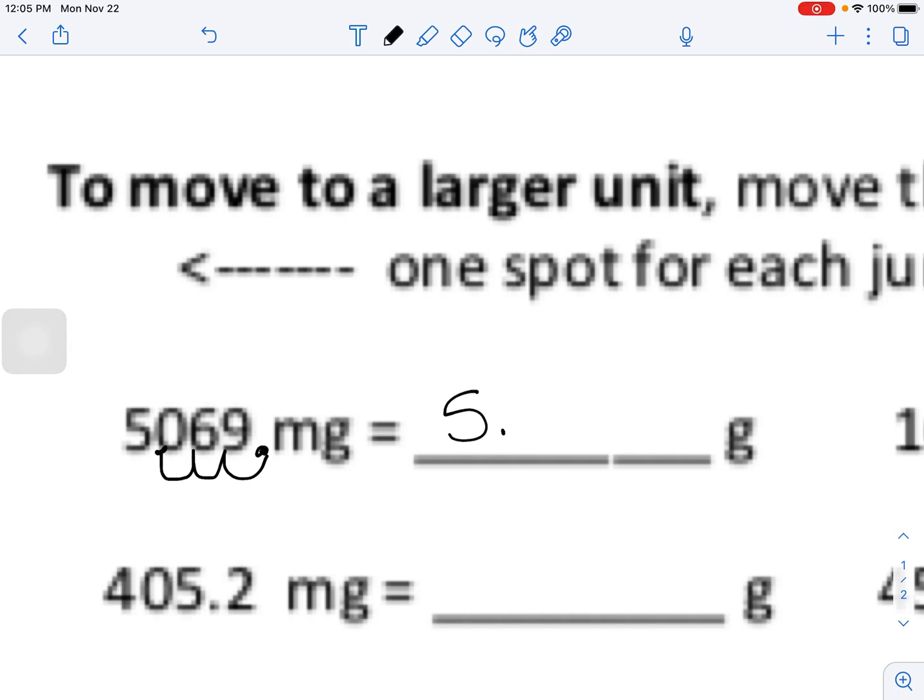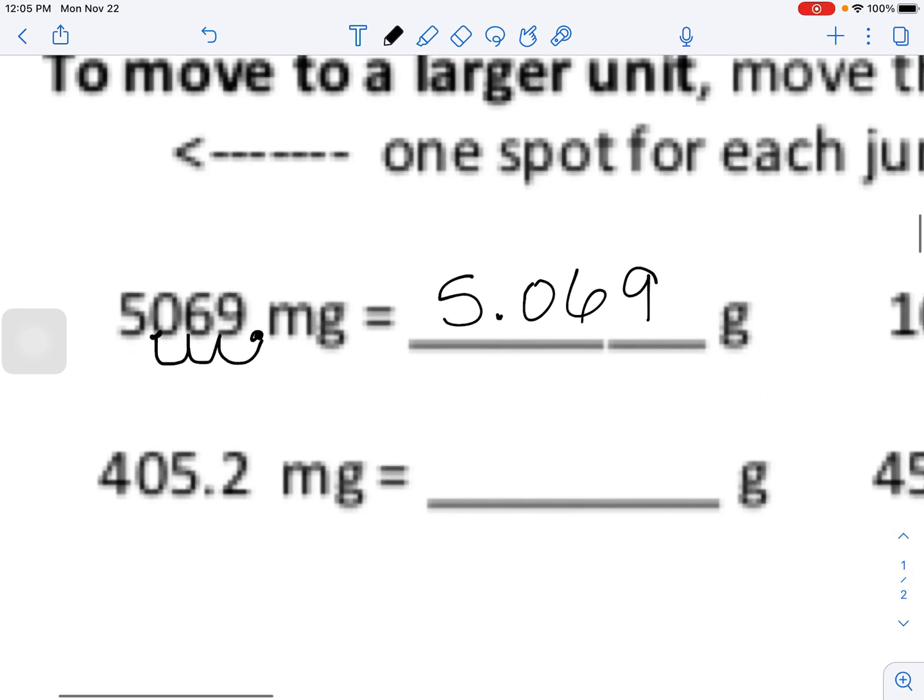So the answer is 5 and 69 thousandths grams. And that makes sense because a gram is a larger unit, so it's a smaller number. Milligrams to grams, I'm going to go 3 jumps to the left. 1, 2, 3. And there's my decimal point.